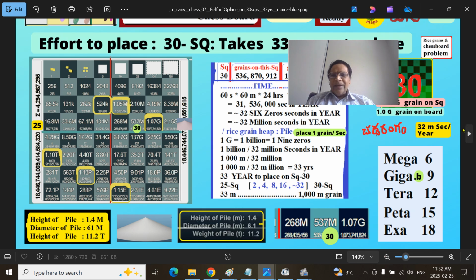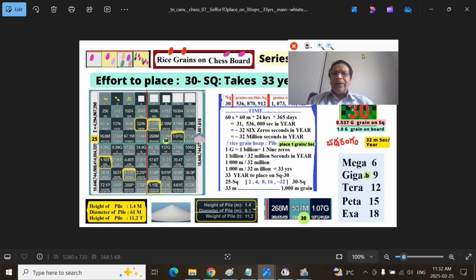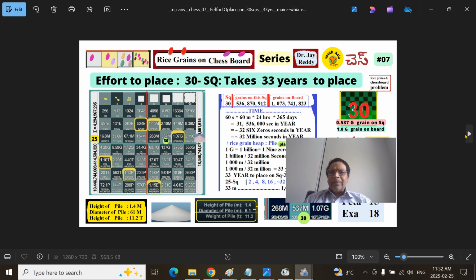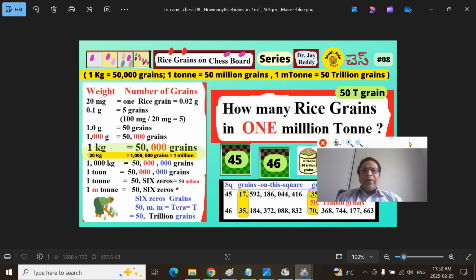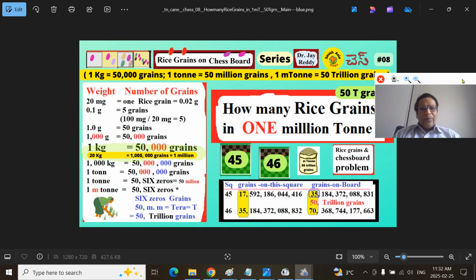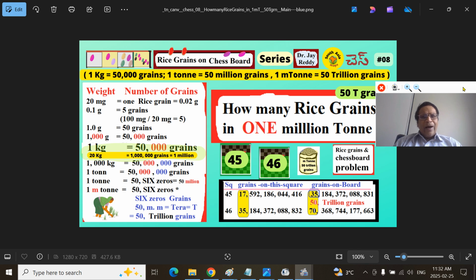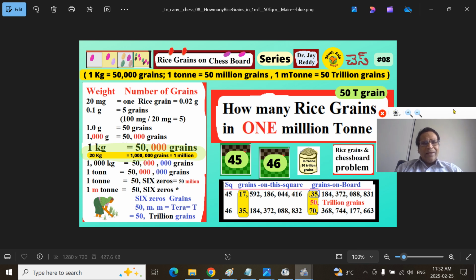In the next presentation, that is number 8, because we'll be exploring more, I will talk about how many rice grains are present in a million ton. A ton is 1000 kilograms or a metric ton. Million means you have to have 6 zeros.